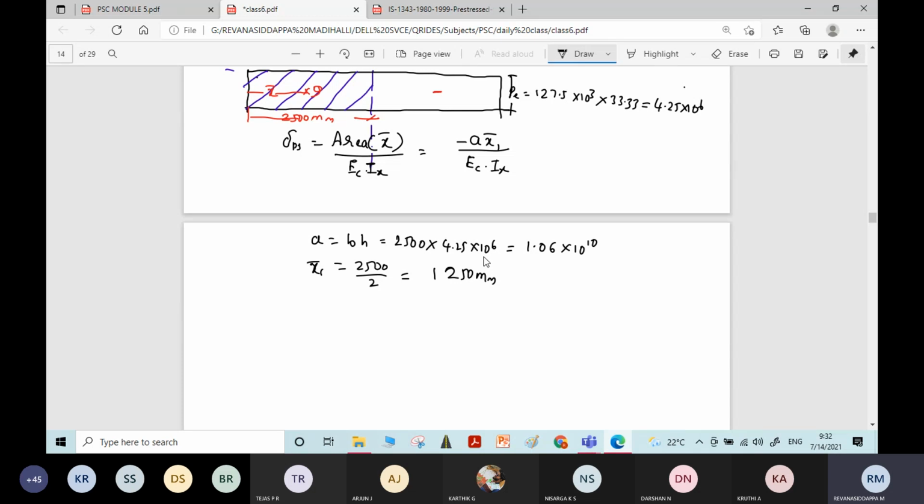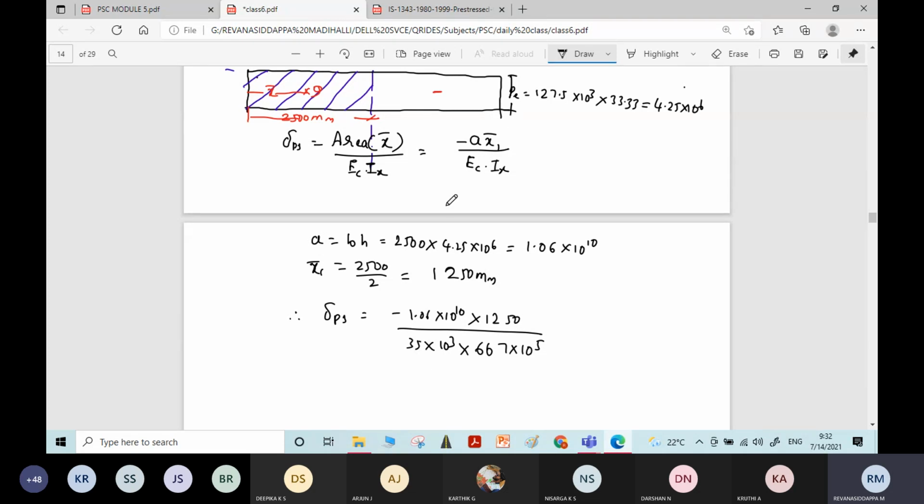EC is known, IX is known. Just substitute. Therefore, delta PS is equal to minus 1.06 into 10 power 10 into x1 bar 1250 divided by 35 into 10 power 3, the Young's modulus, into moment of inertia 667 into 10 power 5.